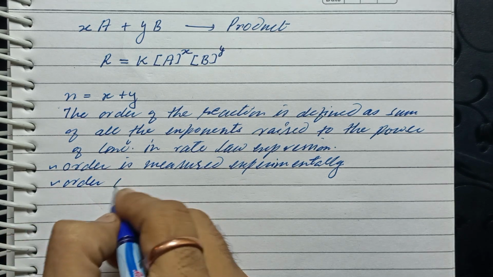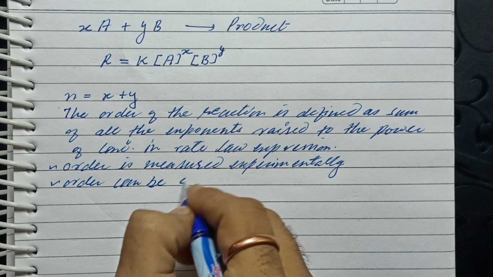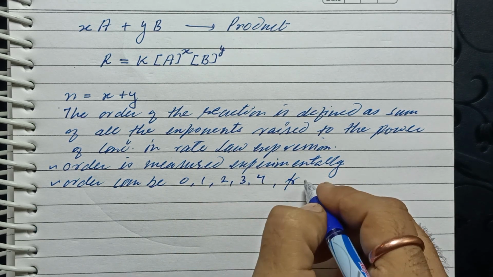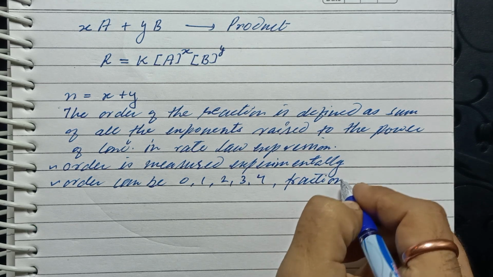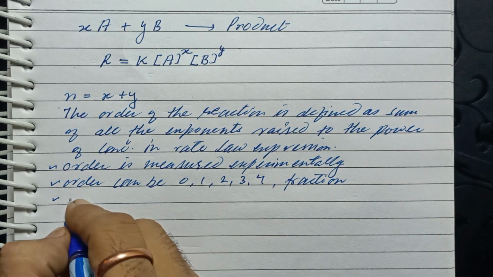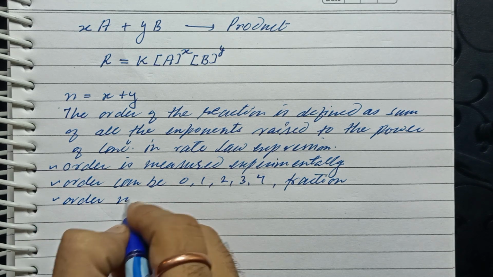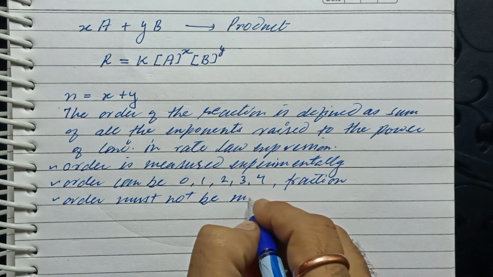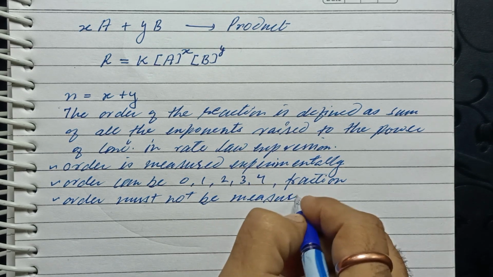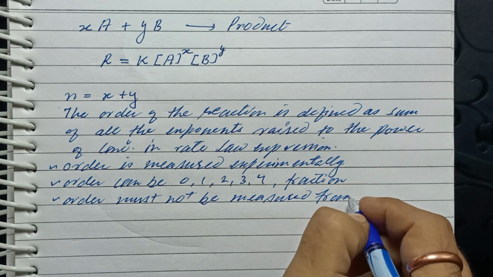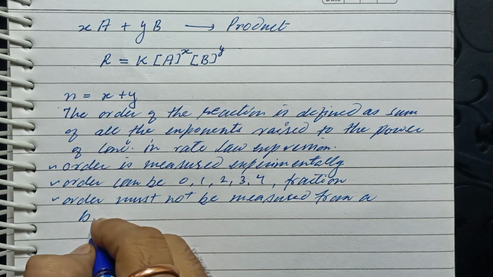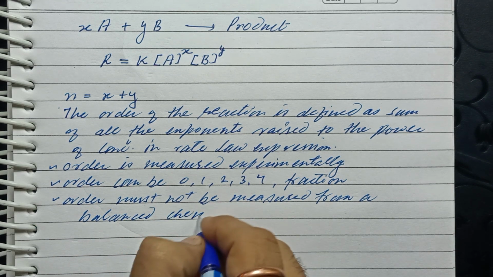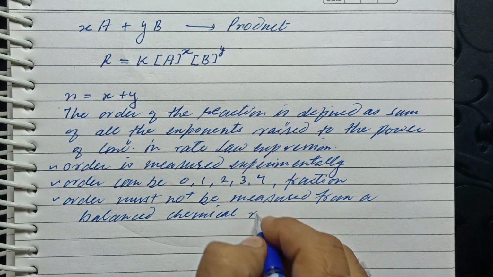Order can be 0, 1, 2, 3, 4 and fraction. We will be taking examples. Order must not be measured from a balanced chemical reaction.